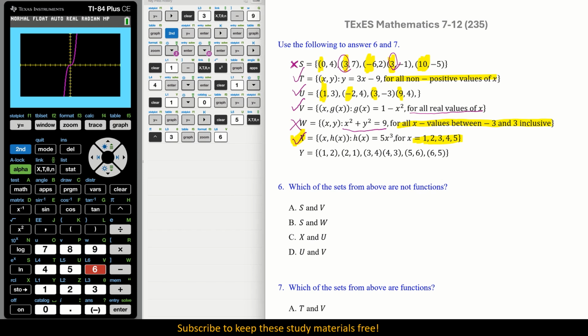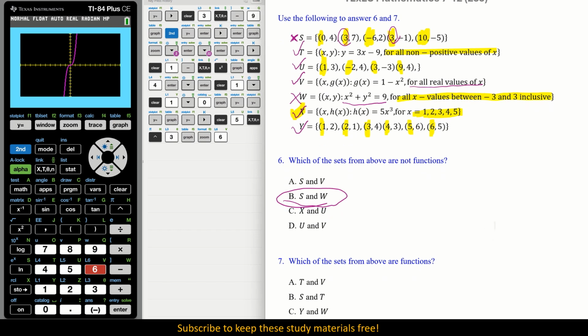Now let's look at y. And every single value of the y is in order consecutive, therefore it is a function. So check mark on that. So we only have 2 that aren't functions, which are S and W. Therefore B is our option that we're looking for.